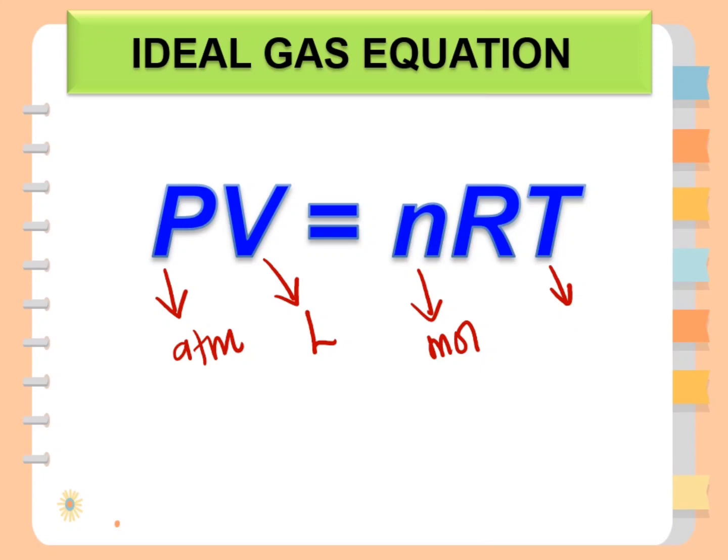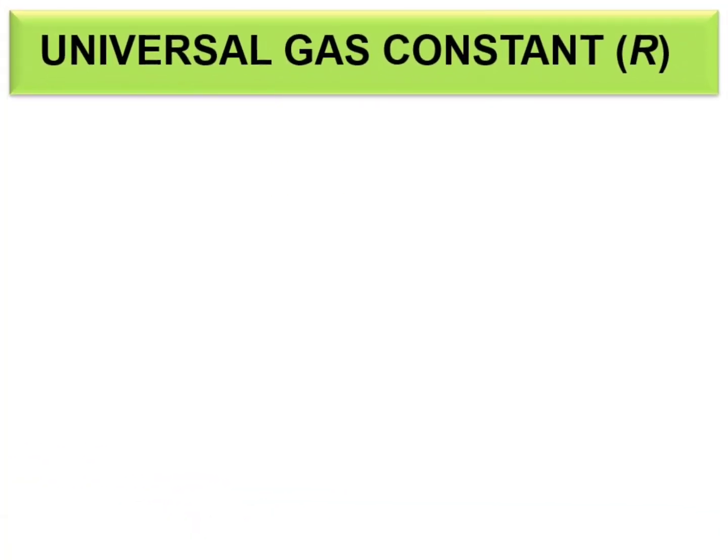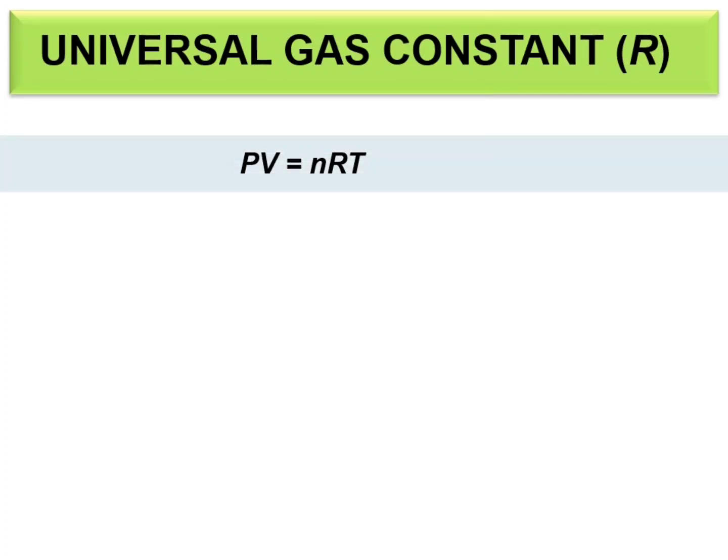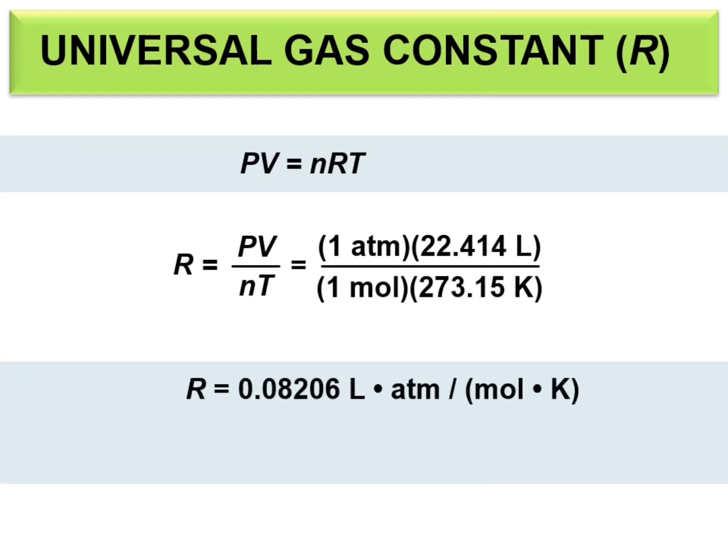Tak boleh dalam Celsius, wajib dalam Kelvin. Why? Because of this universal gas constant. Kalau tak, jawapan awak nanti akan salah. Okay? Okay, so universal gas constant R. Tadi kan kita dah tahu kenapa unit P mesti atm, volume mesti liter, and so on. So this is the reason, guys.